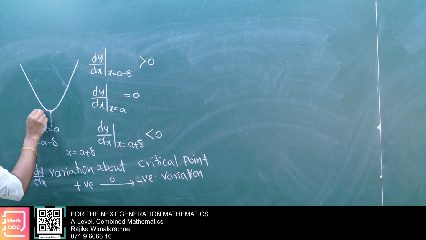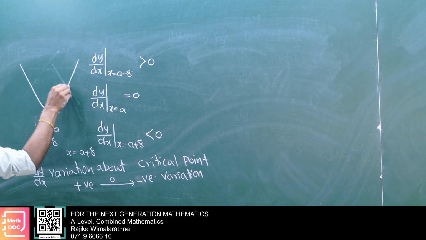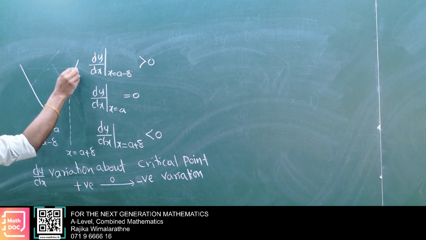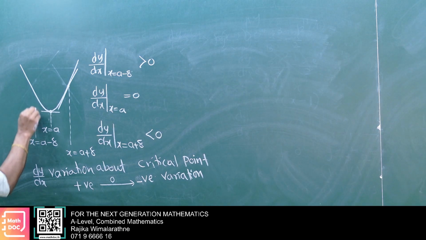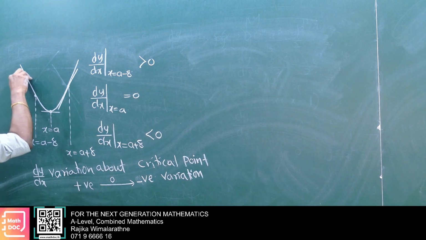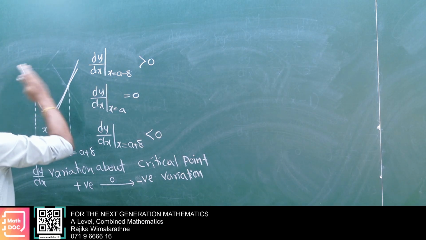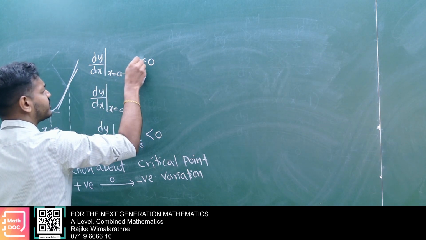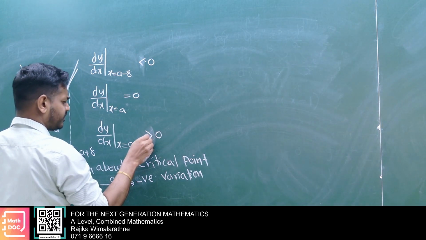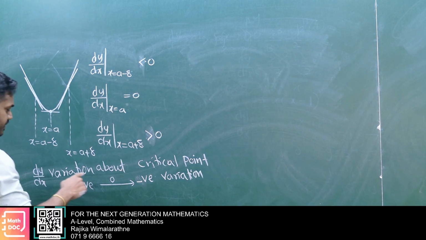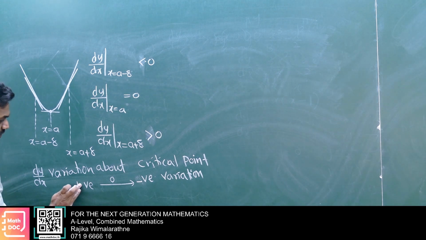Here at x equals a minus delta and x equals a plus delta: a minus delta negative, here 0, here positive. Then dy by dx variation about the critical point is negative to positive.